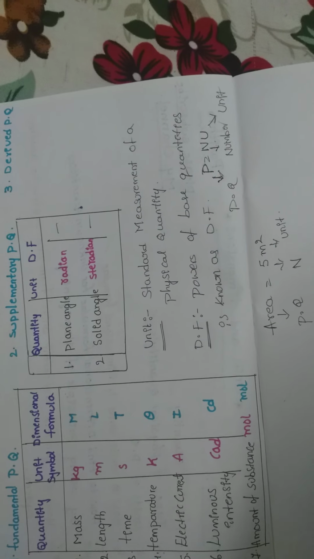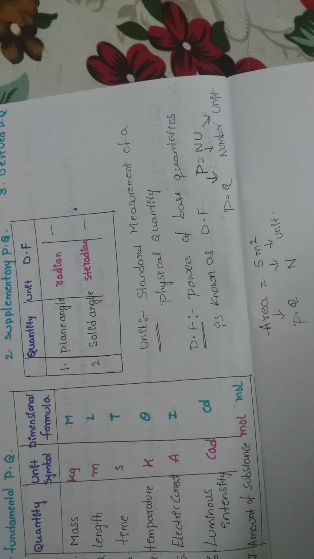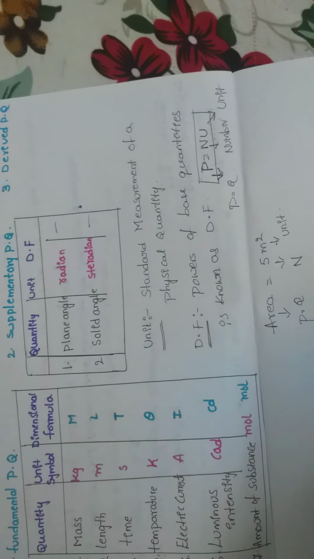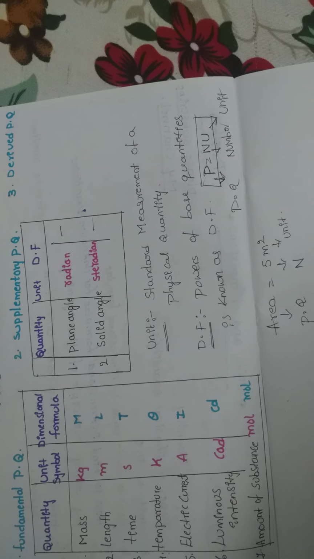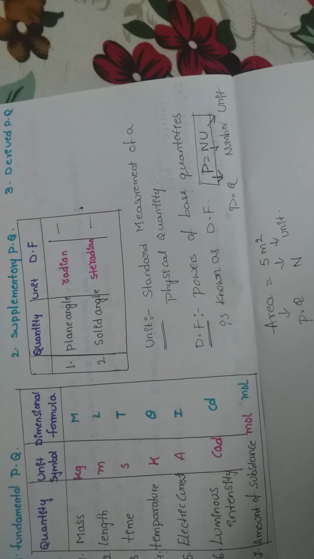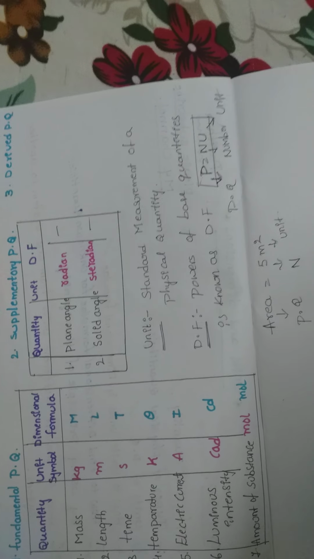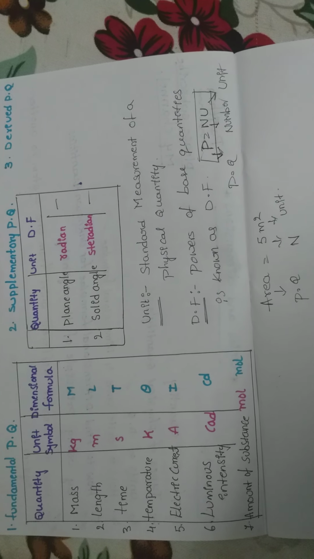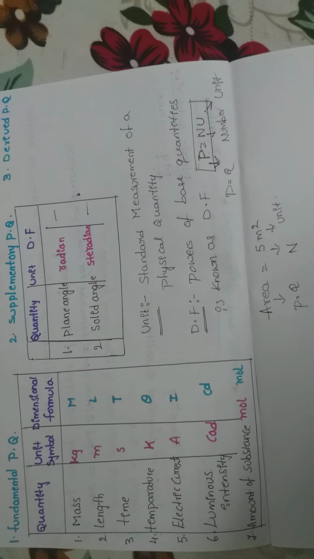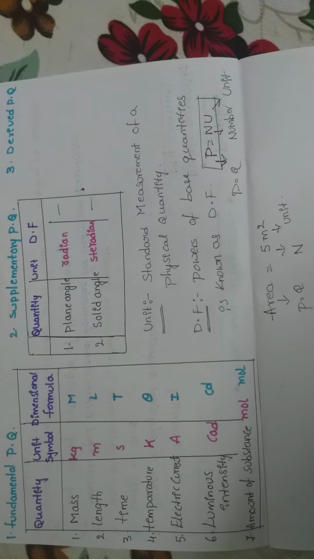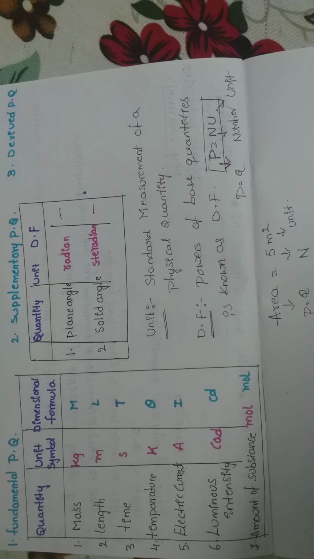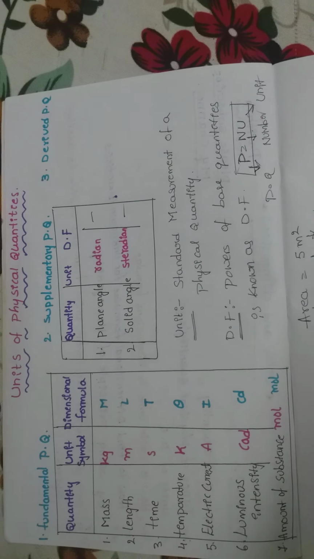Whatever the physical quantity it may be, compulsorily we should take this standard P equals n u. Okay? So this is the basic: what is the meaning of unit, what is the meaning of dimensional formula, and how can we represent the physical quantity.